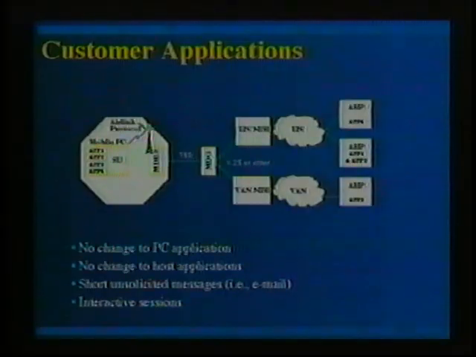Here's an example in the production environment, one where there are 4 applications running on a PC equipped with the appropriate modem, and 4 sessions with host applications on different platforms and networks. Communication is through the MDG and the NIM to the value-added networks. In this example, customer application 1 or 2 might be attached to IIN. They could be email or an order entry application for support of a mobile worker.